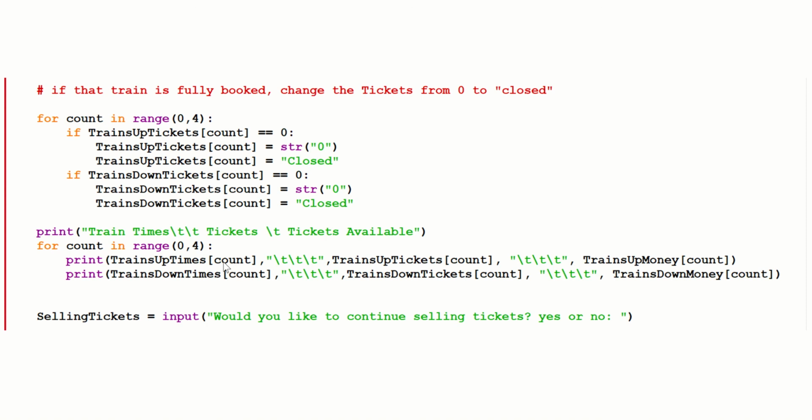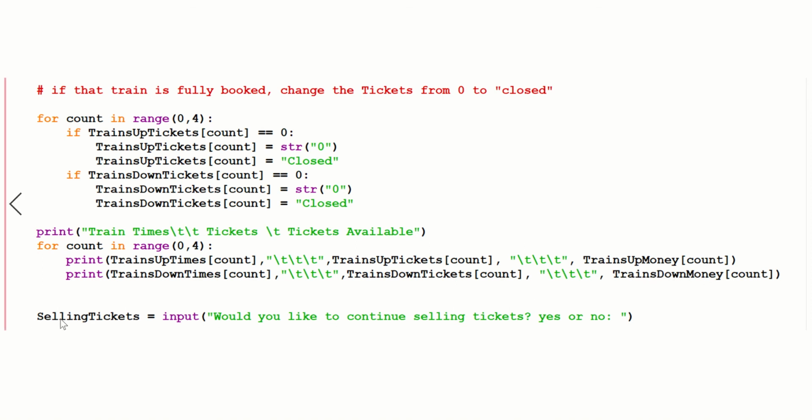Print train up times and count, which is 0. So train up times 0, position in the array, space, this would print the time, this would print the tickets available and money collected. Same for the down, position 0 in the array, so that is 10, and the down tickets available for the time 10 journey, and the money collected.